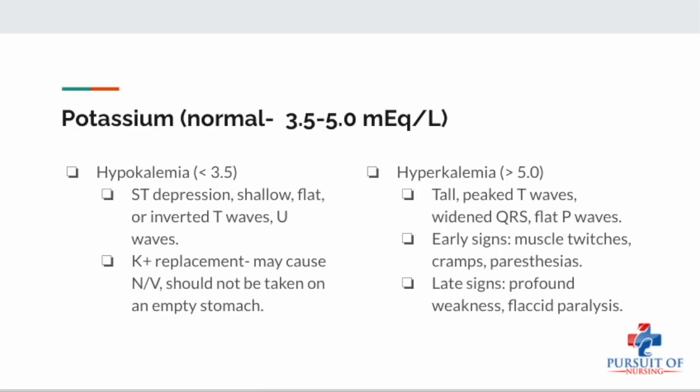Now, during a potassium infusion, if you're giving potassium inpatient, you're never going to give potassium via IV push, sub-Q, or IM. Potassium should always be given with an infusion device. The patient should always be on a cardiac monitor because of the close relationship between potassium and cardiac dysrhythmias.